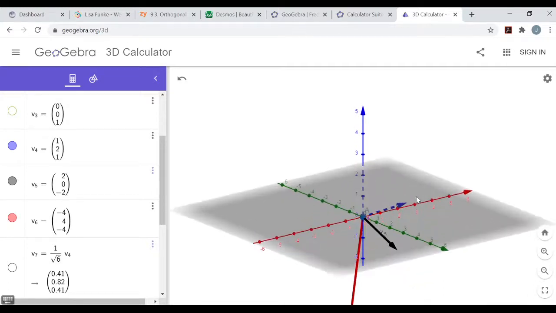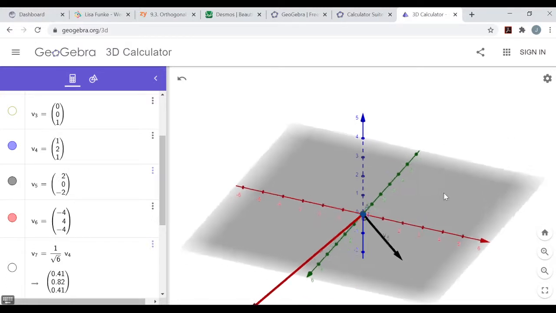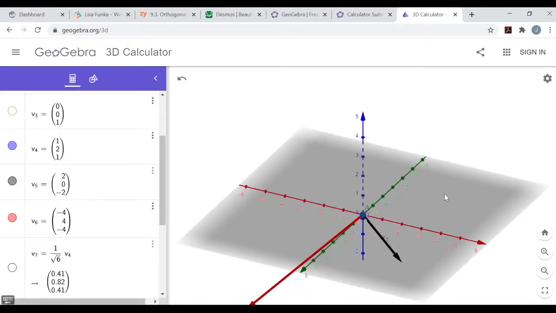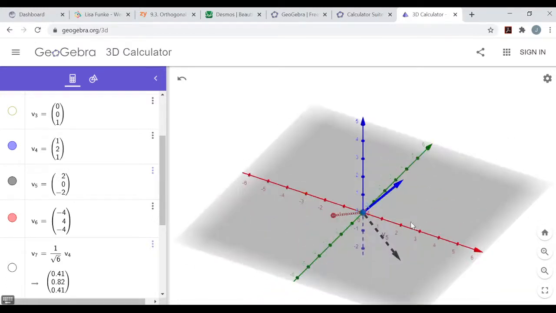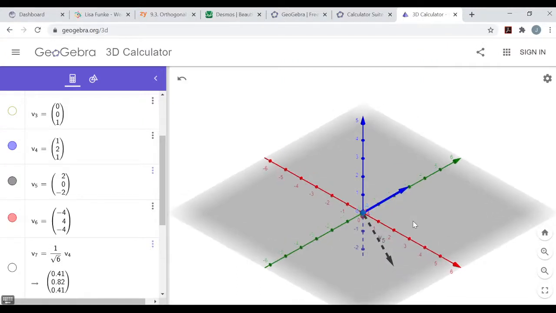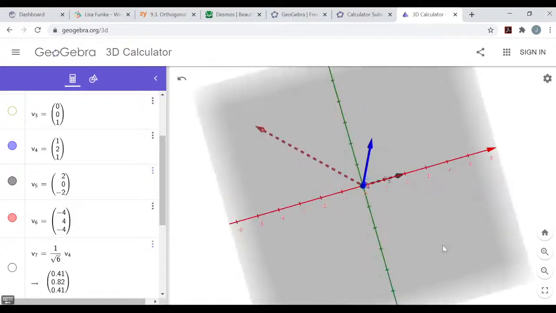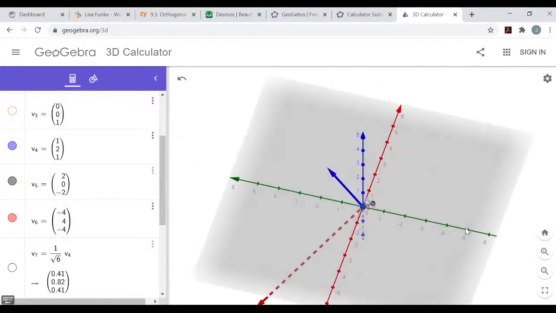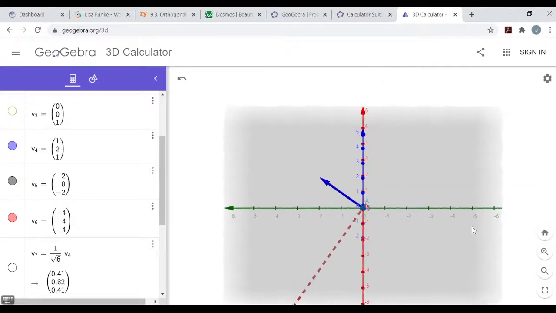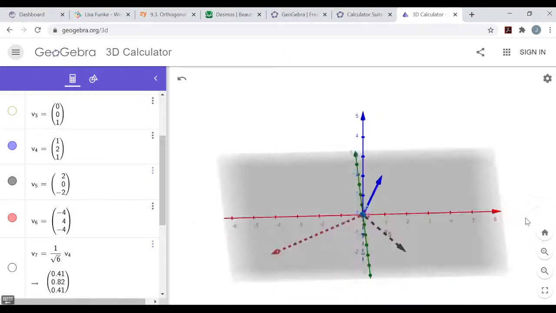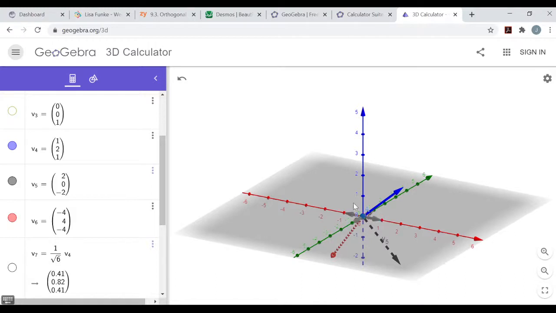And I'll show you. You can see that the red and the black vector form a 90-degree angle. The red and the blue vector are forming a 90-degree angle, and the blue and the red vector are forming a 90-degree angle. You can probably see that after all that. So these three vectors are forming an orthogonal basis for R3.